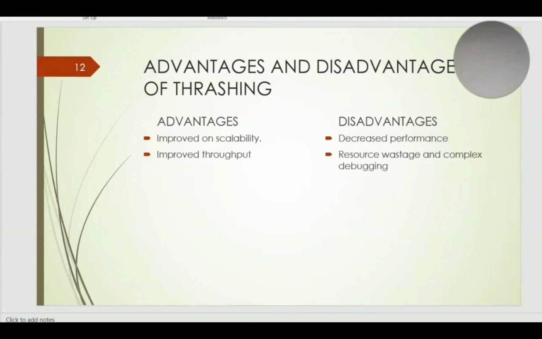Excessive context switching due to crashing can lead to the wastage of system resources, impacting overall efficiency. And identifying and resolving issues can be complex and time-consuming, requiring analysis of system behavior and resource utilization.